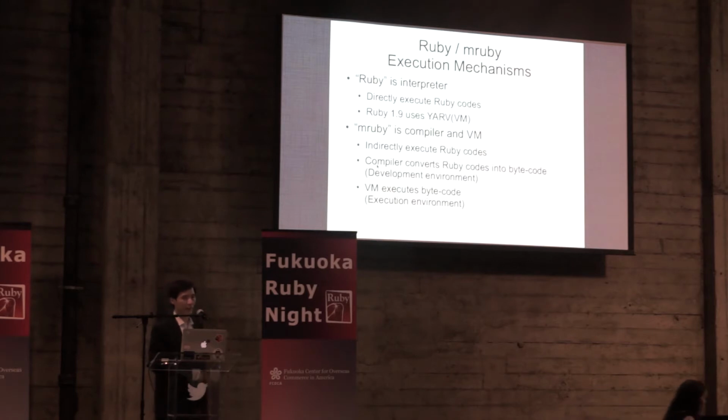But in mruby, the interpretation and execution phases are separated. That is the key point. In the execution phase, the requirement is only the execution feature. It doesn't mean that interpretation is not necessary. We separate the interpretation phase and the execution phase.